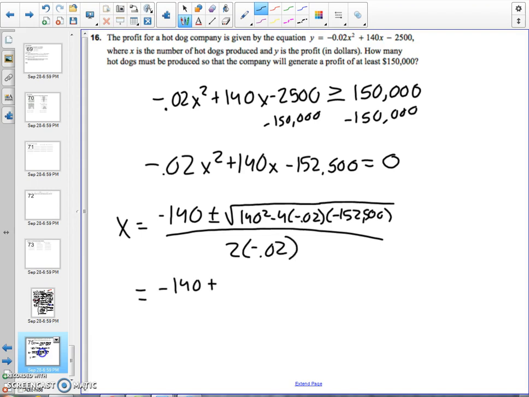So I'm going to figure out what we would have under that square root. So I'm looking at 140 squared minus 4 times negative 0.02 times negative 152,500. And we can go ahead and get a decimal for the square root of 7,400.